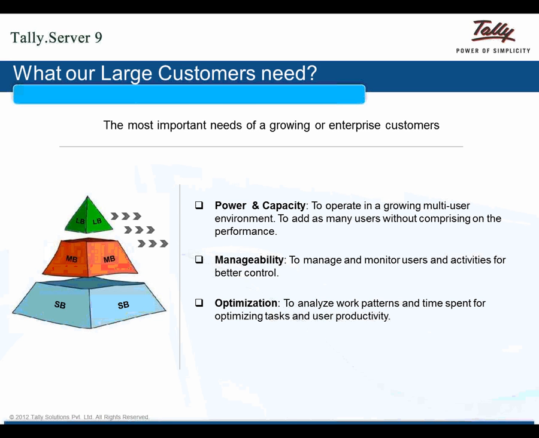Optimization, to analyze what pattern of time is spent, for optimizing task and user productivity. So you want to know what exactly the user is doing, how much time he's spending on a particular task, whether he requires any help completing the task in a shorter period. All these things are required by large enterprise customers.